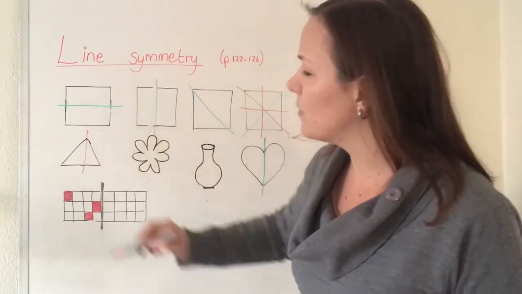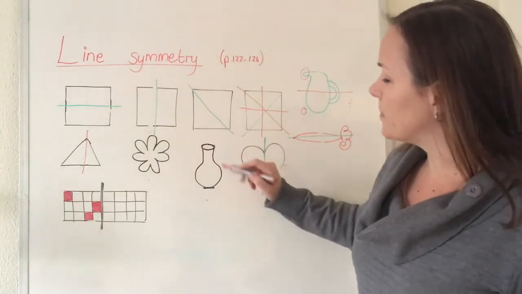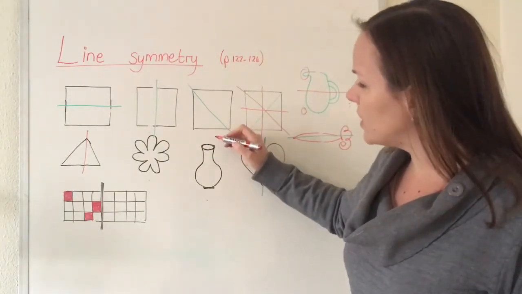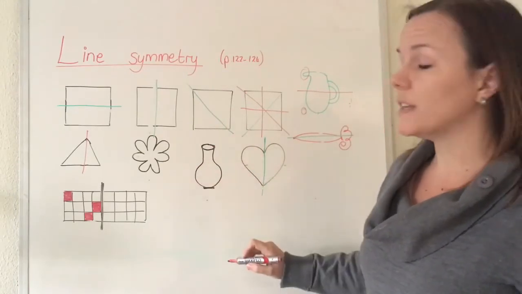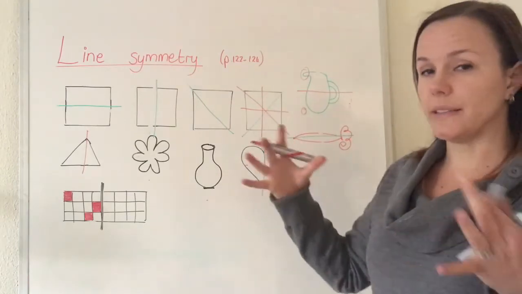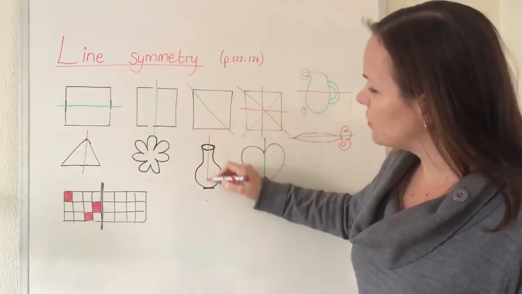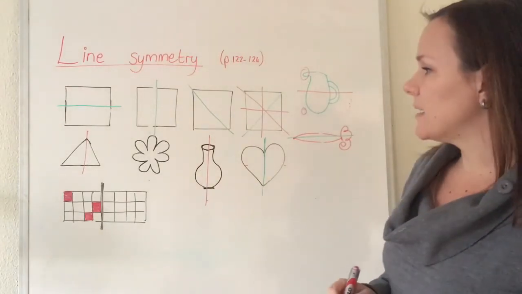So I have to draw my line that way. If I look at this vase or flower pot, I can't draw it that way because the top will look different from the bottom. The top has a narrow neck, the bottom has a fat part. So I have to draw it that way. Then my one side looks the same as the other.